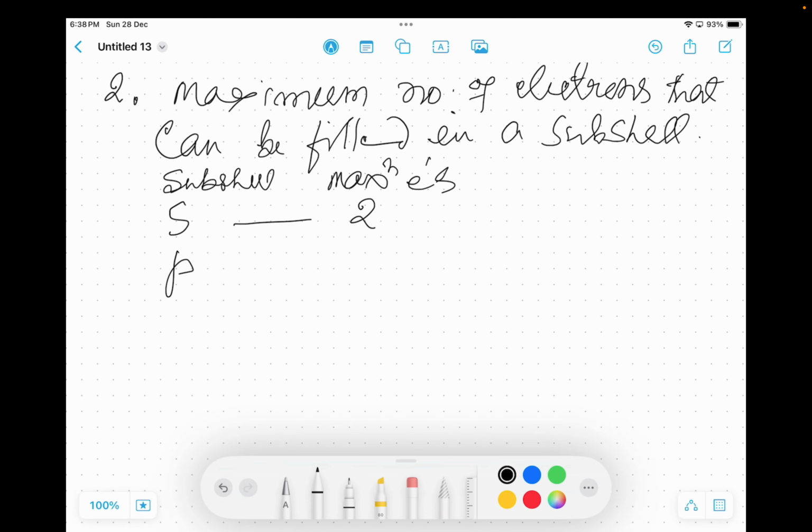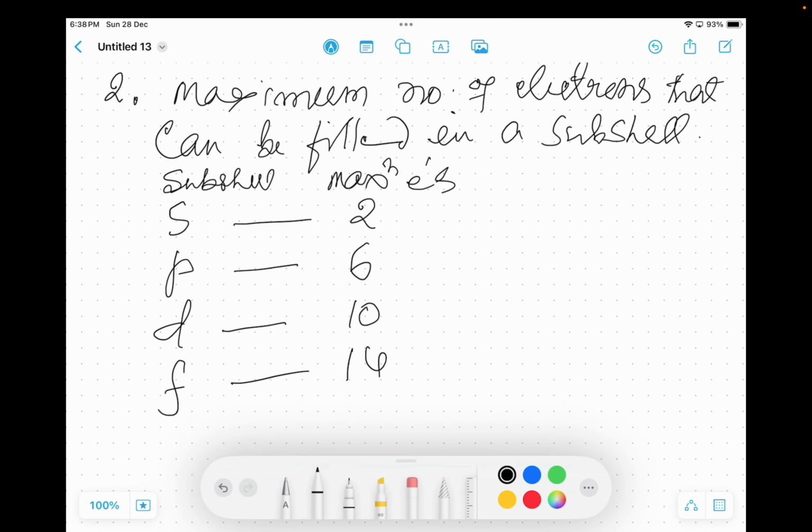In P subcell, we can add maximum up to 6 electrons. Less than 6 can be added, not more than 6. D subcell can get maximum 10 electrons. Similarly, F subcell can be filled with 14 electrons.